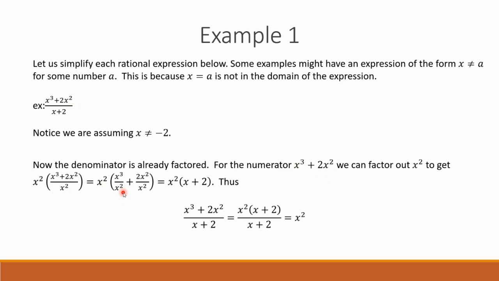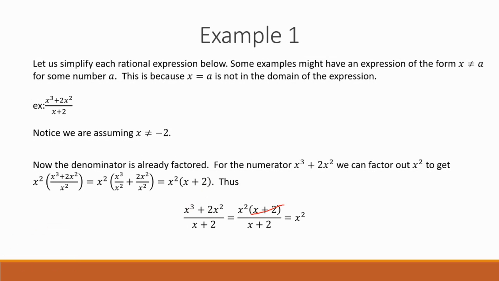Again, you have to divide to see what's left over. When you divide, you're actually subtracting the exponents, so you'll get x to the first, which is x. Here, the x squares cancel, and you're left with this. So the numerator becomes this thing. And you can see from that, we have a common factor of x plus 2.